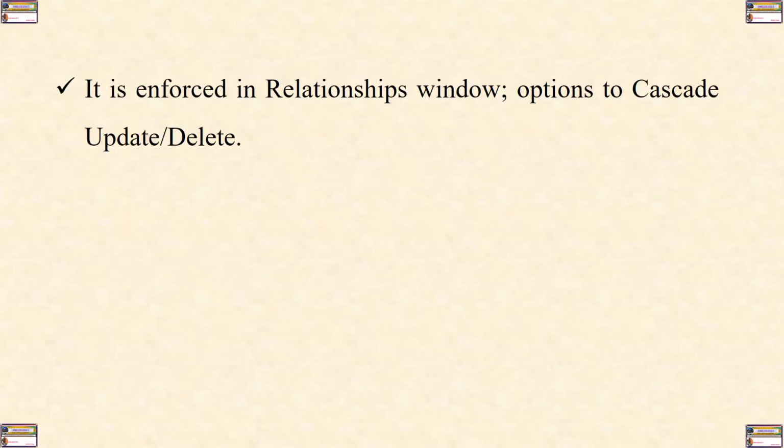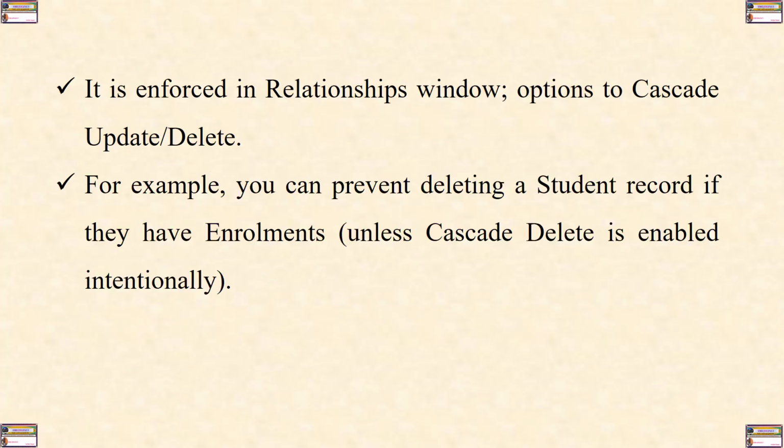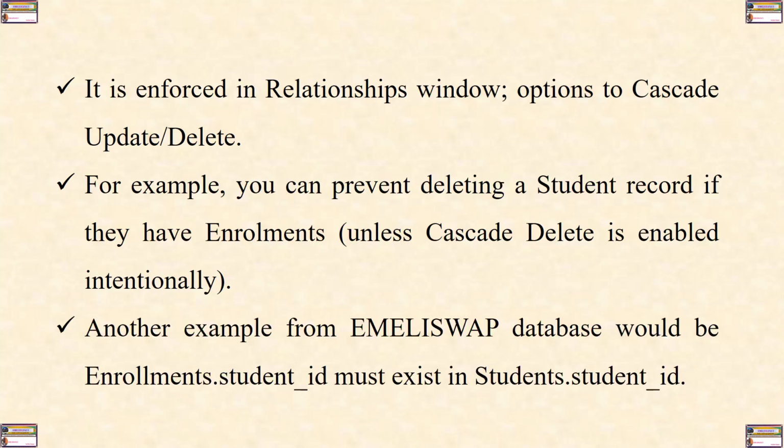It is enforced in relationships window. Options to cascade update or cascade delete. For example, you can prevent deleting a student record if they have enrollments, unless cascade delete is enabled intentionally.